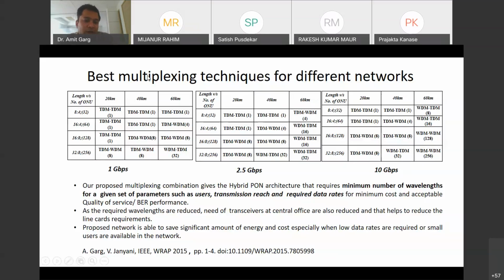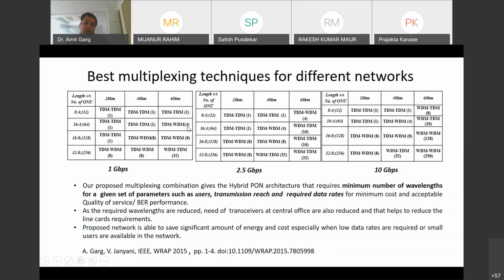Okay, so if we are increasing the distance, TDM PON will still work up to 60 kilometers. If the network size is increased and we are transmitting the data up to 40 kilometers, then TDM PON will work. For 60 kilometers, we need to switch to WDM PON.